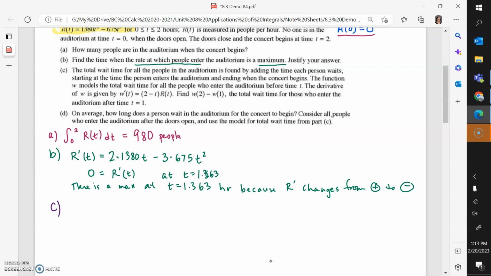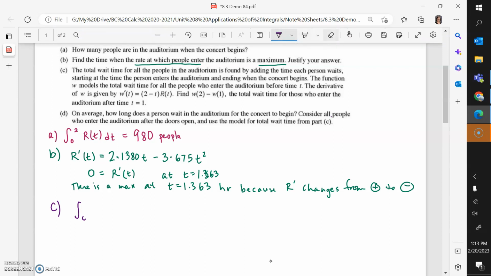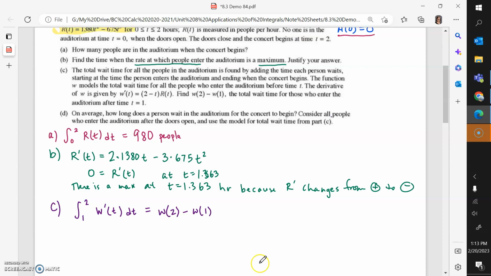Well, we know that the integral from 1 to 2 of W prime of t dt, no matter what it represents, is going to be W of 2 minus W of 1 because of the second part of the fundamental theorem of calculus.